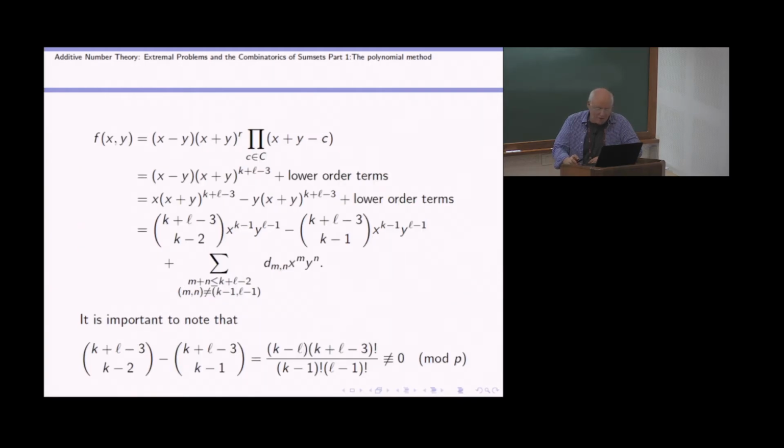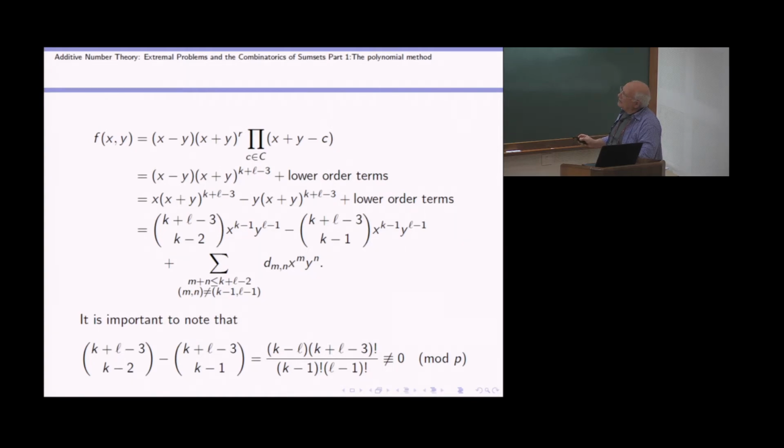So this is my polynomial, x minus y, x plus y to the R, and so forth. So this is really x minus y times x plus y to the K plus L minus 3. That's the total degree of this part, and then lower order terms. And you distribute, right? It's x times this minus y times that.